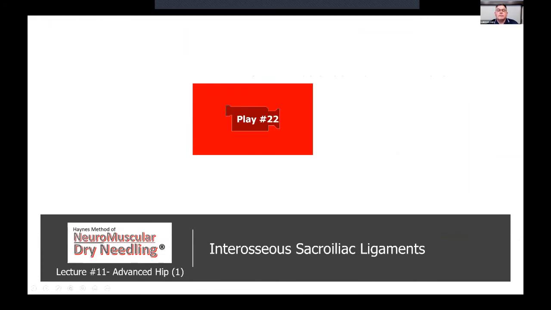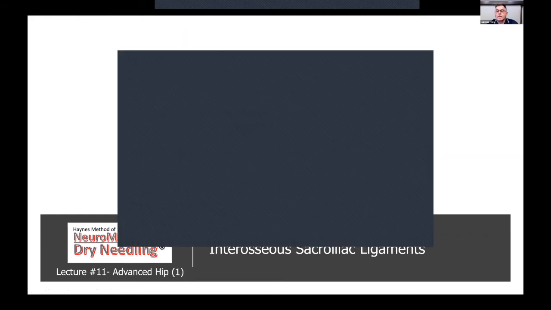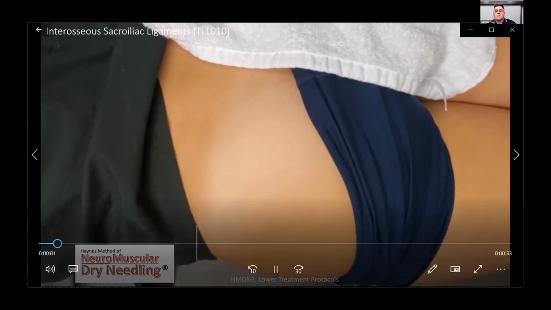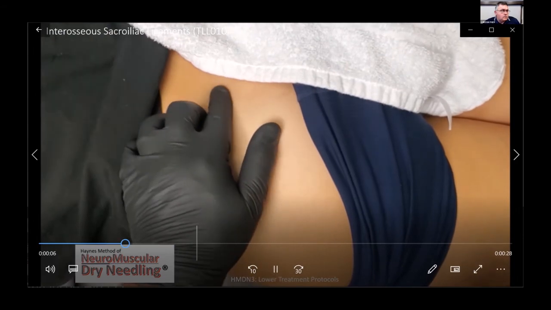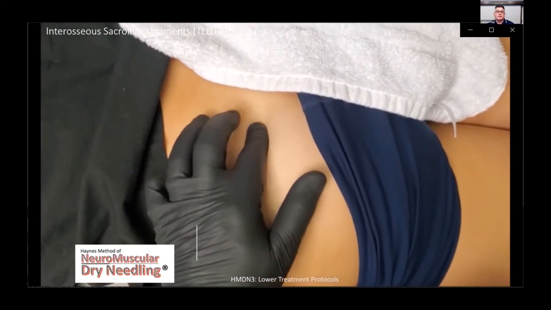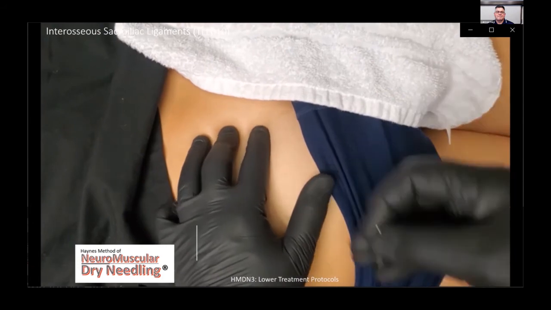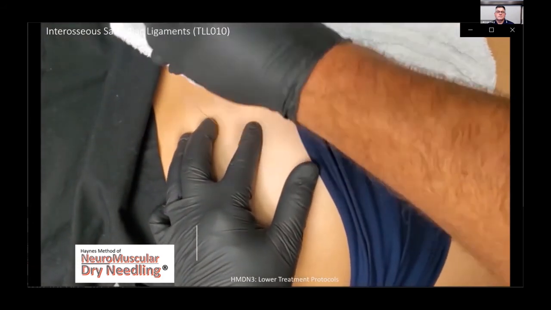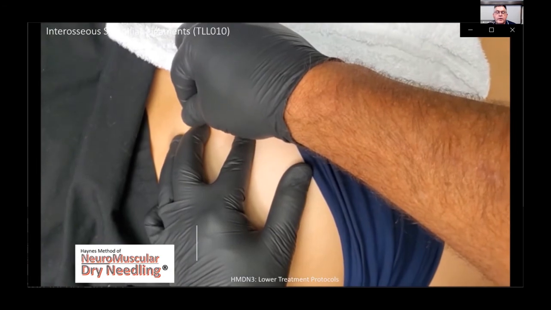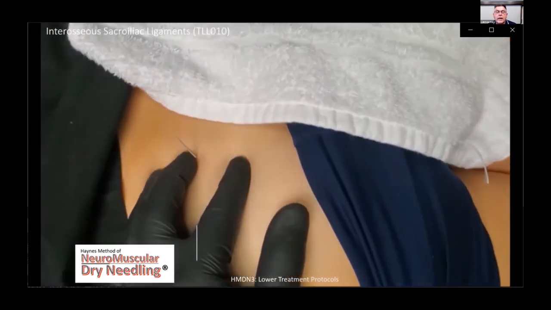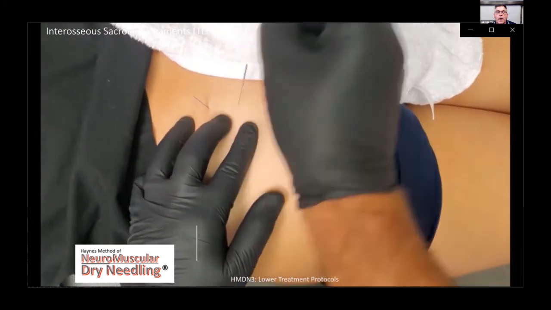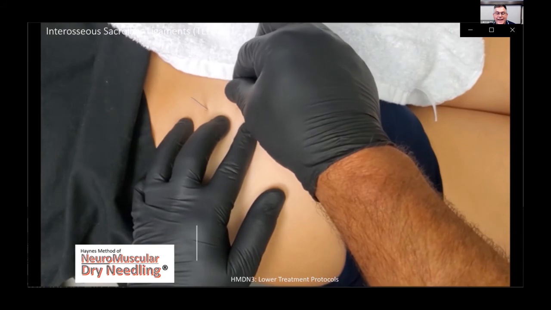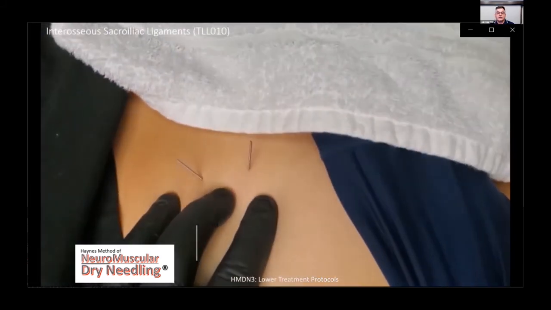Let's look at that at number 22. Get that superior piece, and then we'll drop and get a little bit more inferior, also angled, almost like they're trying to terminate at each other there deep in the sacroiliac joint.